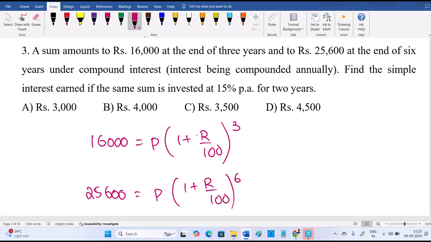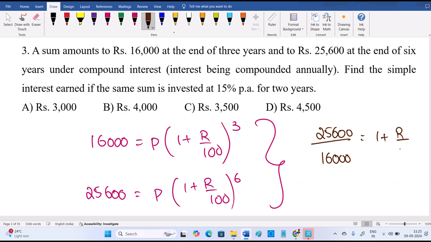My dear friends, from this we need to calculate the principal. First we have to calculate the rate of interest. How? Divide these equations. Second equation divided by first equation, then we'll get 25,600 divided by 16,000 is nothing but (1 plus r divided by 100) whole cube.